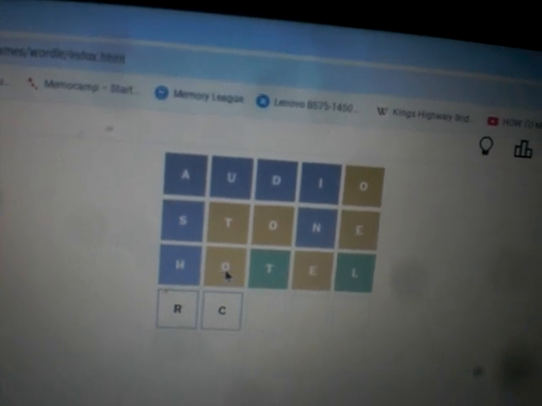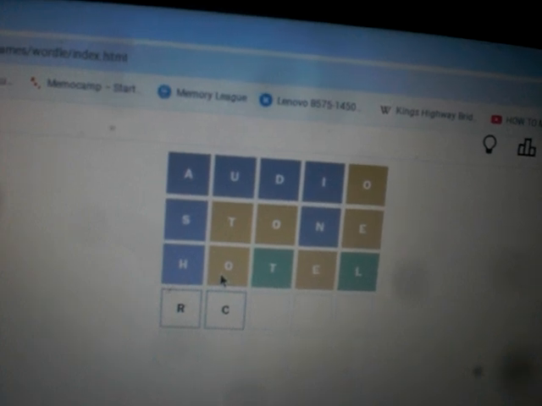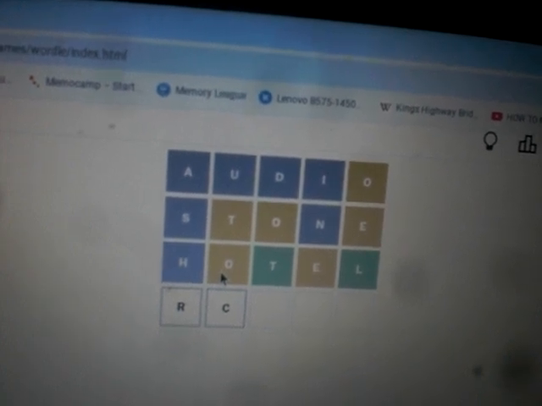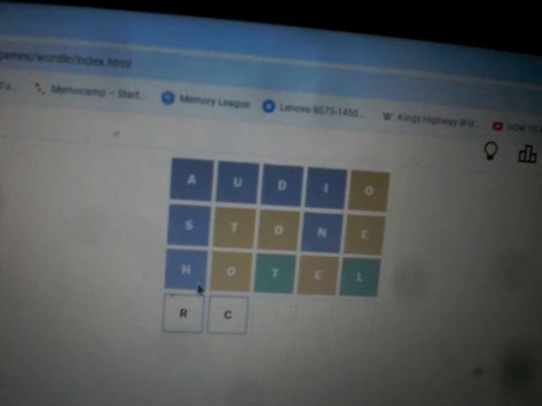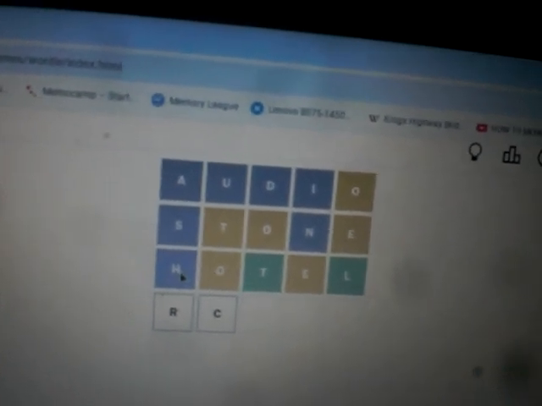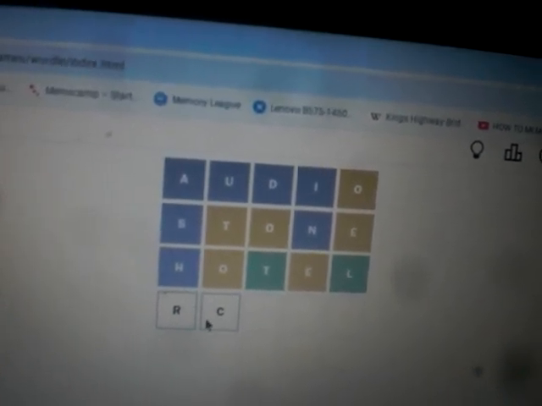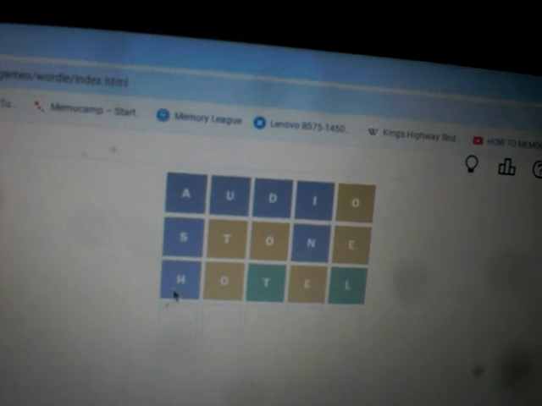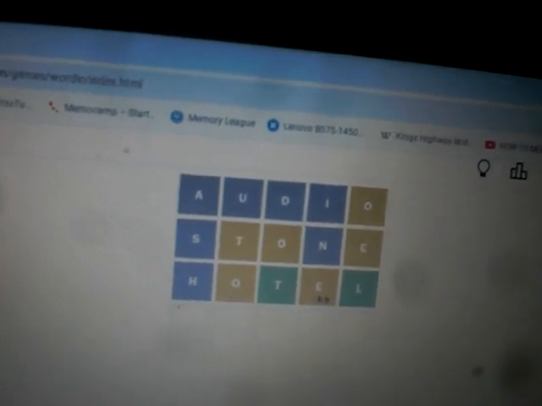Okay, so let's go through that again. E-G, H-I-J-K-L, M-N-O-P-Q-R-S-T-U-V-W, X-Y-Z. So we got Xtol. Now let's go through it with the E, blank E-T-O-L. R-E-T-O-L, nope, C-E-T-O-L, so those 2 letters are out. So now we're down to just going through the alphabet. Blank E-T-O-L.